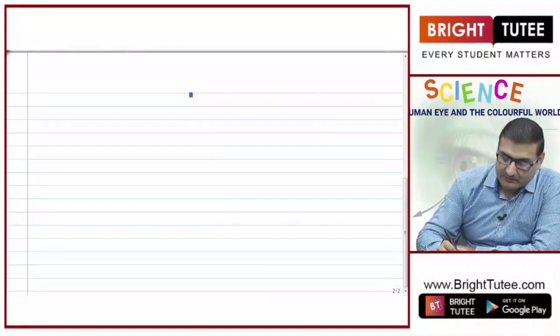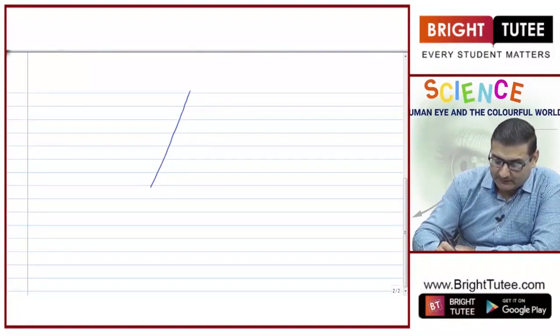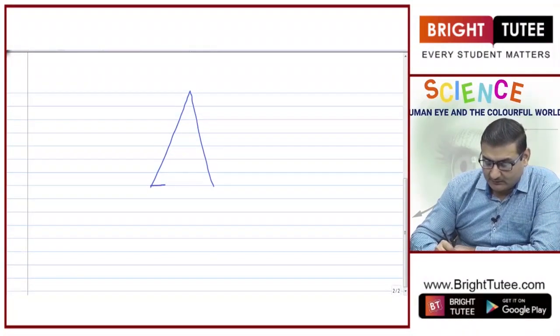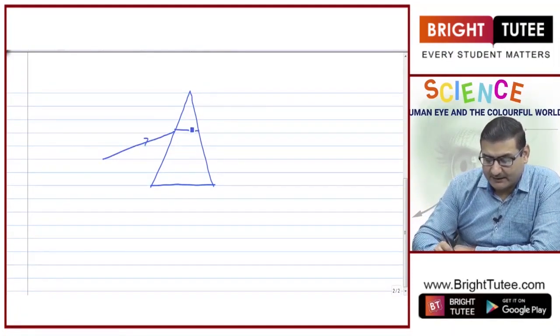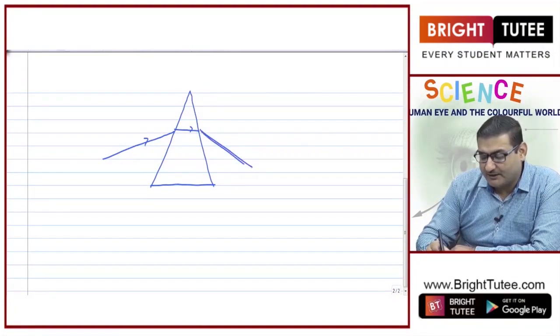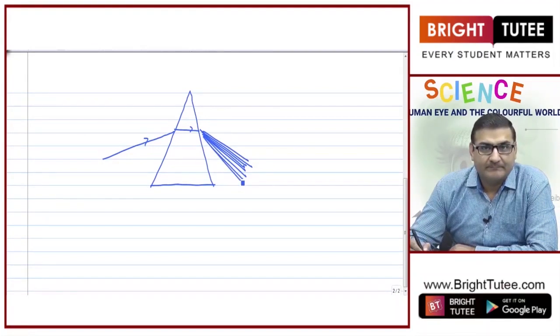That observation was made by Isaac Newton, as I told you earlier. What he found was that if white light passes through a prism, then after refraction he got a band of 7 colors, right.